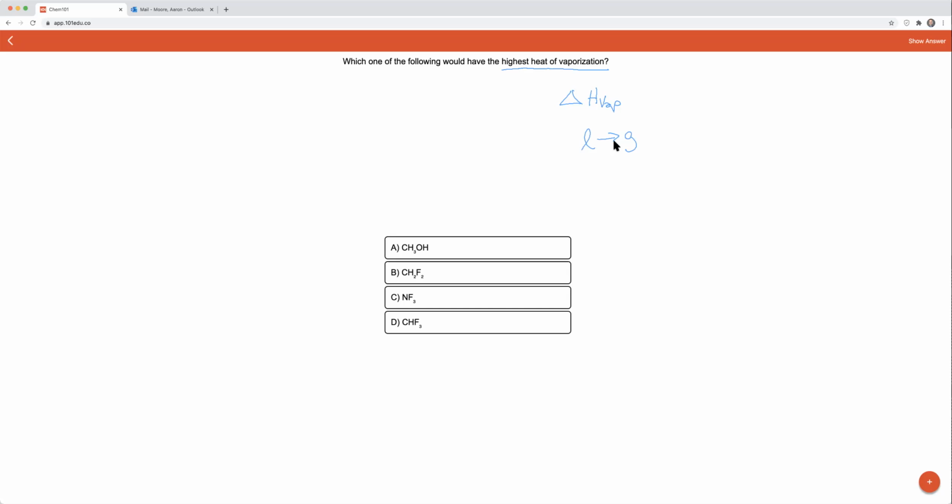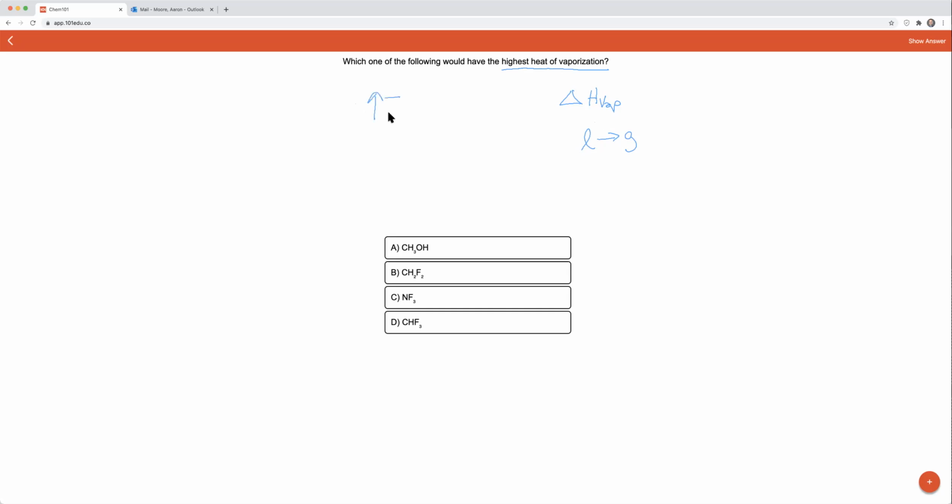So it kind of gives you the same information as boiling point, but it's just a different way to look at it because they don't necessarily go together. Something with a low boiling point can possibly have an uncharacteristically large delta H of vaporization, but normally they will go together. Normally boiling point and delta H of vaporization are two parameters that give you the same information. So we're going to use the same logic.